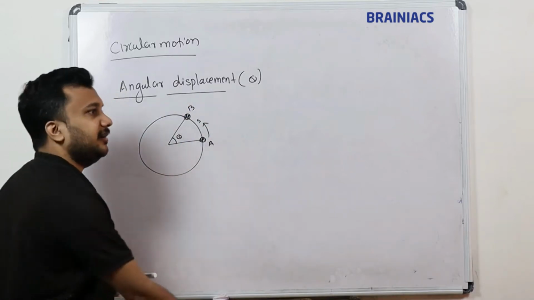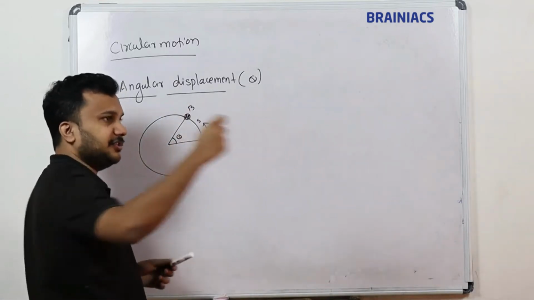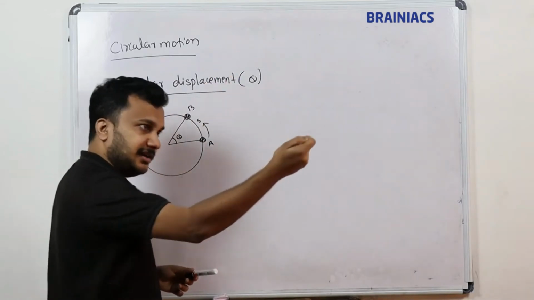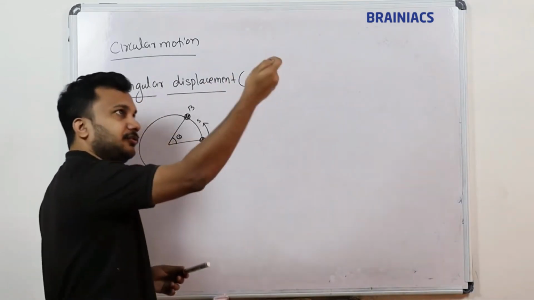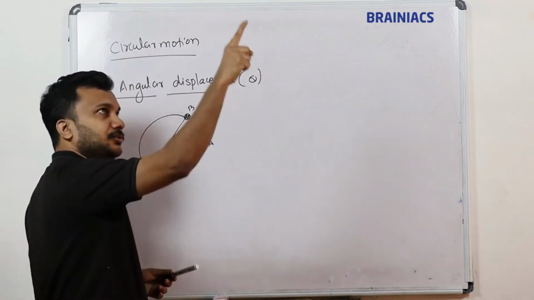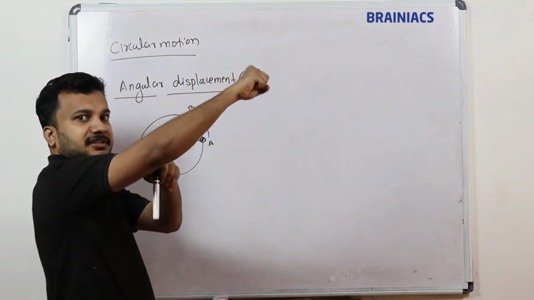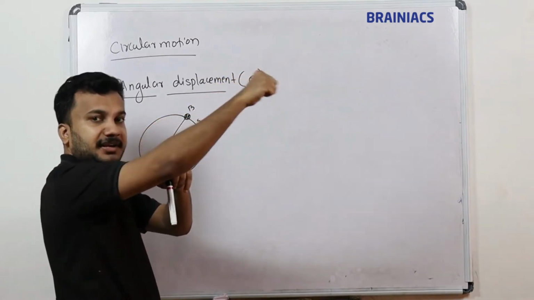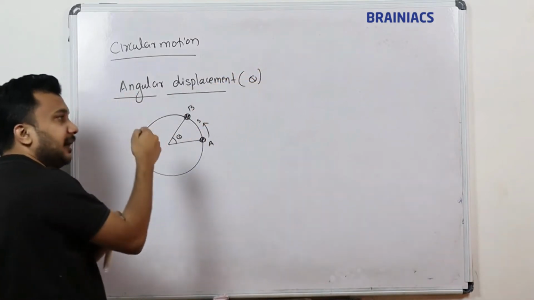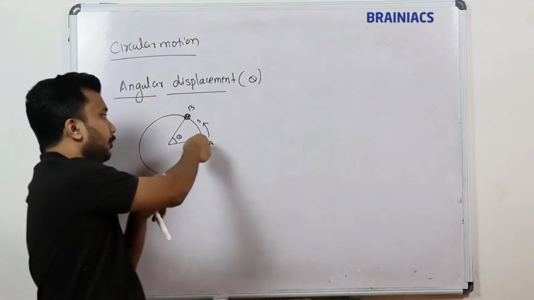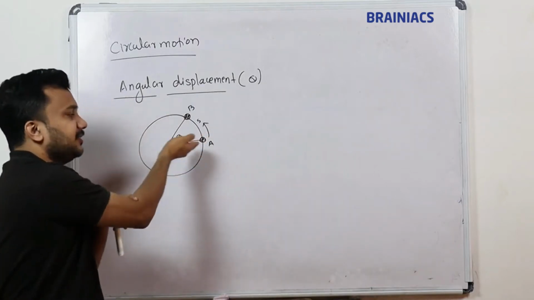Suppose I have a string, I started from here and rotated like this. There is a 30 degree turn, and you can see this is the center. So I am going to rotate it, and you can consider the same diagram.